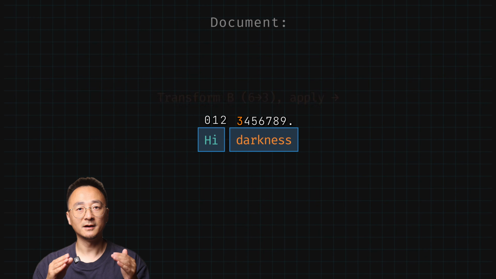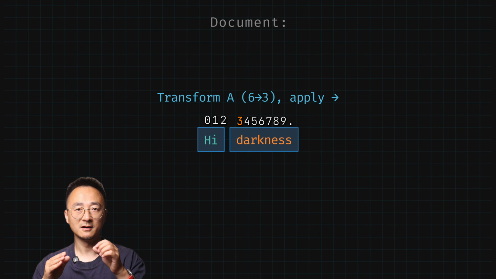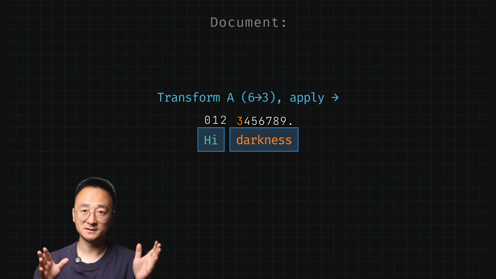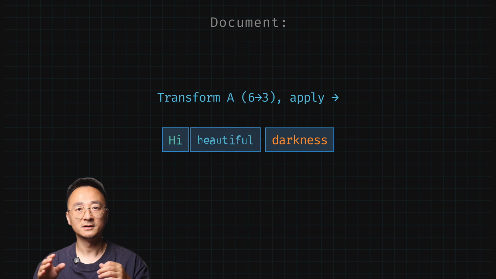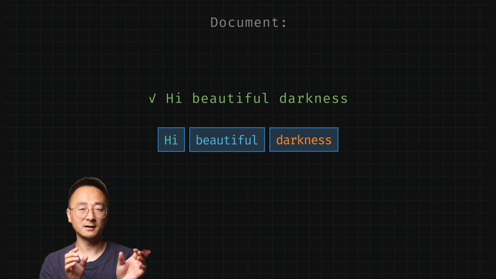And finally, A's insert is transformed against both prior operations and applied in the correct location. The final result becomes "hi beautiful darkness". All edits are preserved and everyone converges. But notice what happened. Each operation has to be transformed relative to previous applied operations. As the number of users increases, the transformation logic grows more complex.